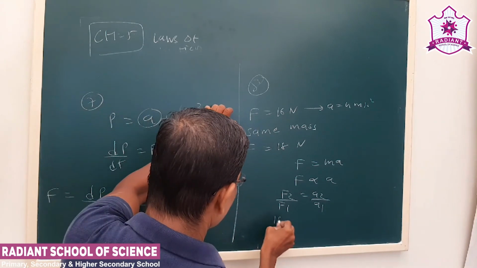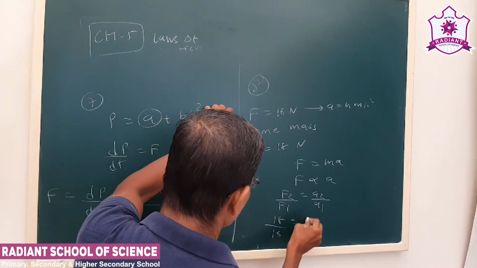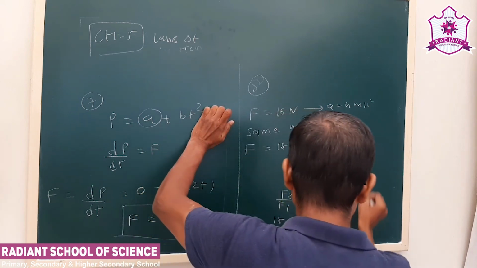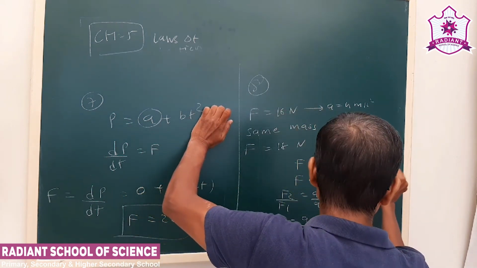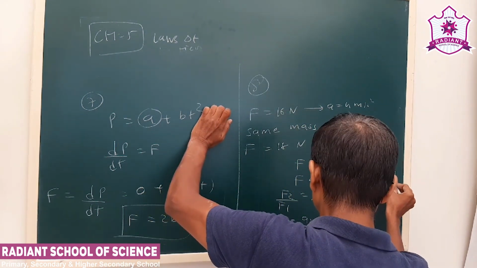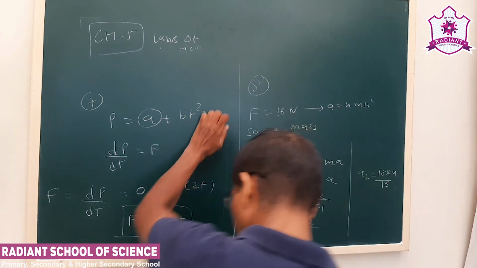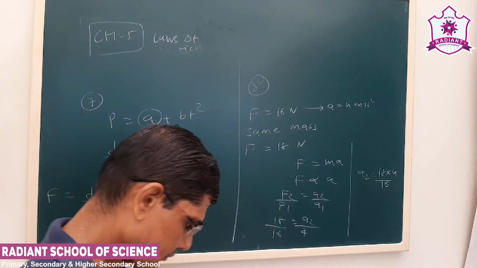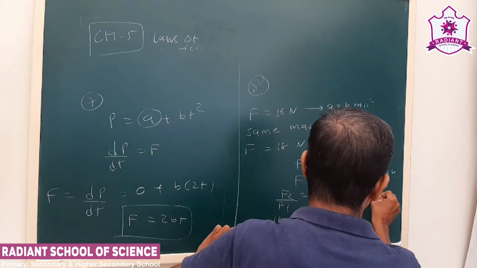Now F2 is 18 upon 16, a2 we have to find out, a1 is 4. So a2 is equal to 18 into 4 upon 16. Okay, so that we can calculate. Okay, 4.5.